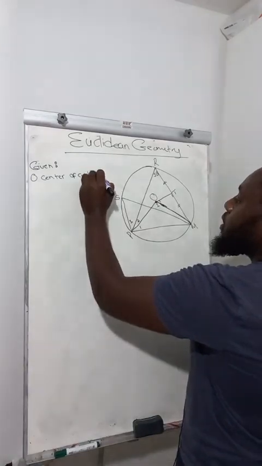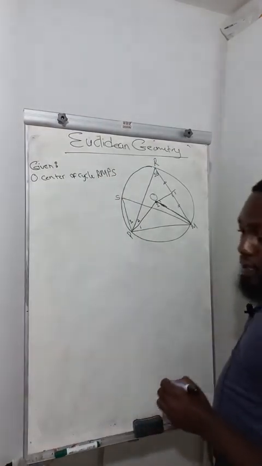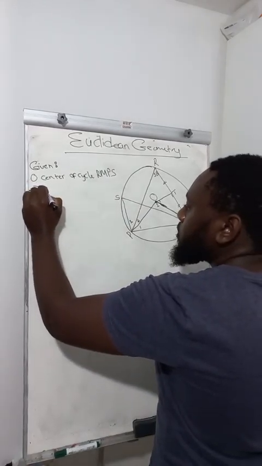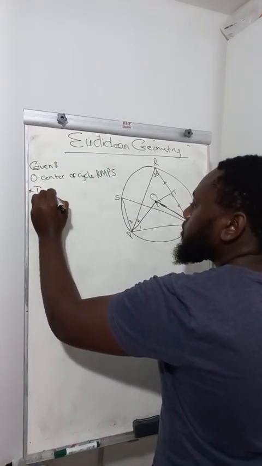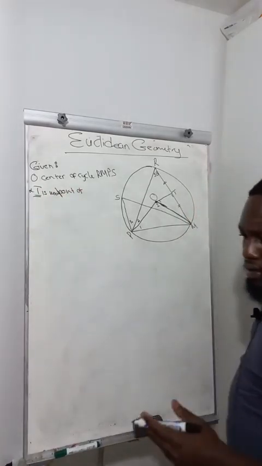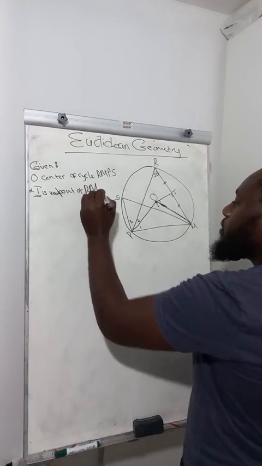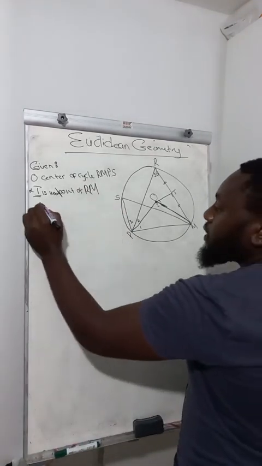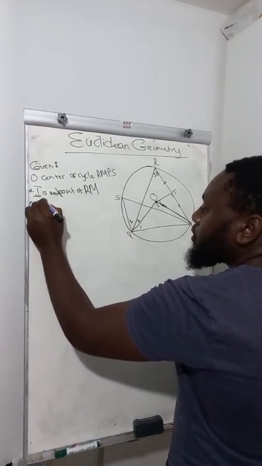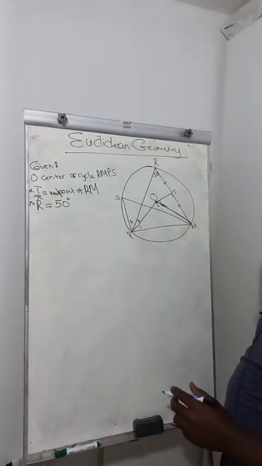This is R, M, P, S. Then now they say T is the midpoint of RM. And then angle R is equal to 50 degrees.